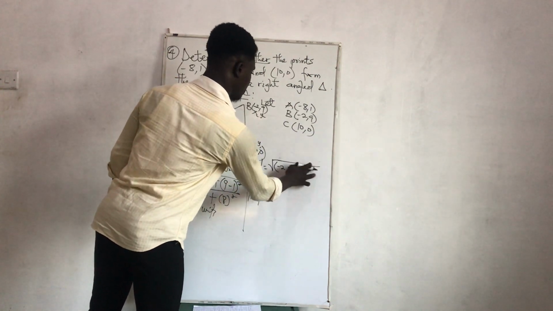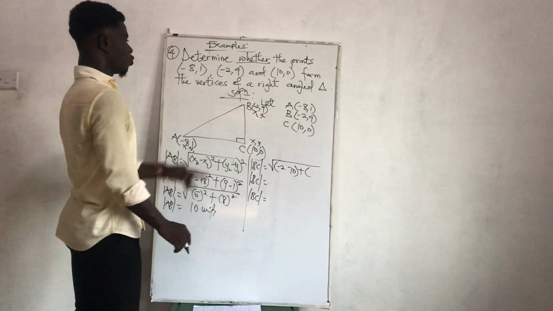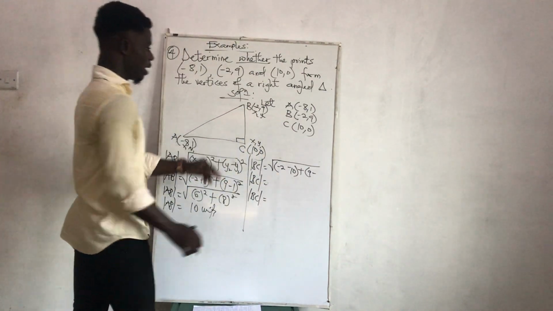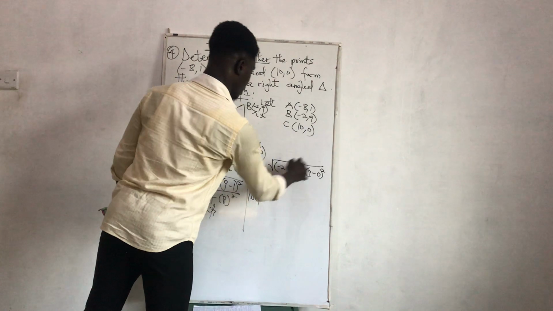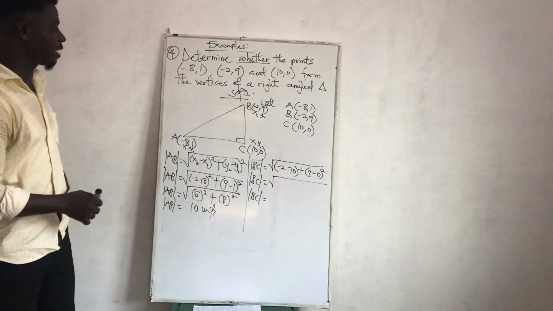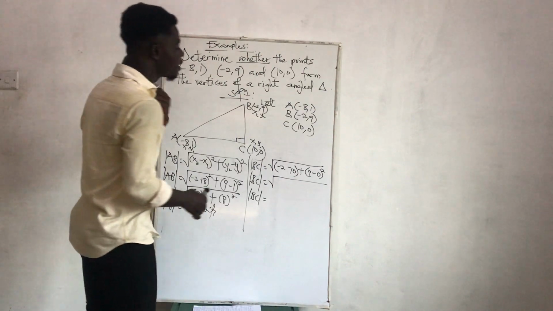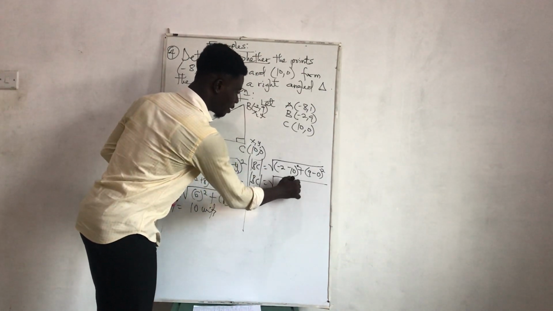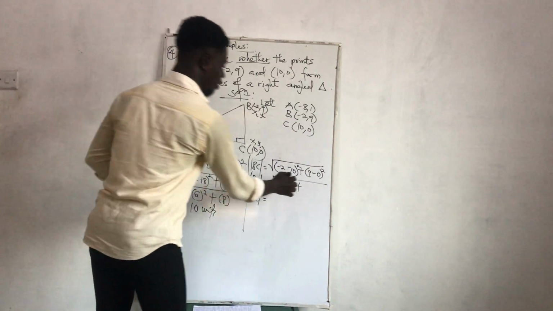Okay, then plus y2, which is 9, minus y1, which is 0, all squared. So we have negative 2 minus 10, which gives us negative 12 all squared. Plus 9 minus 0.